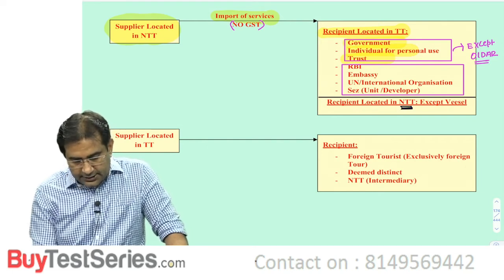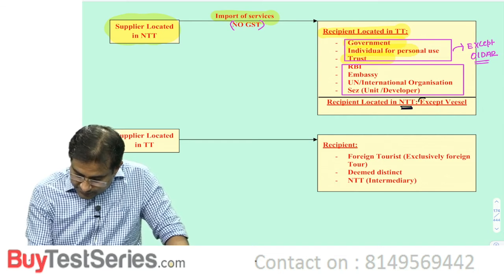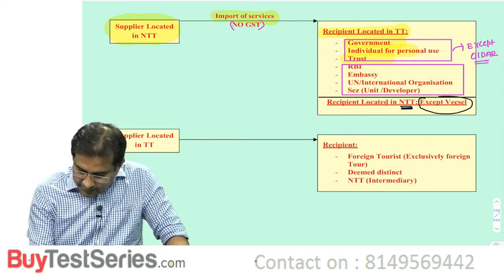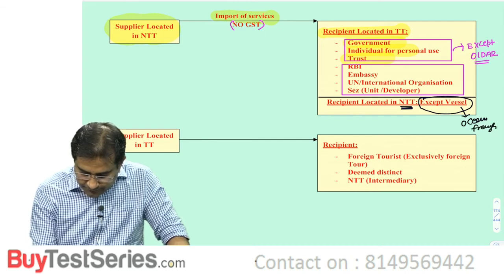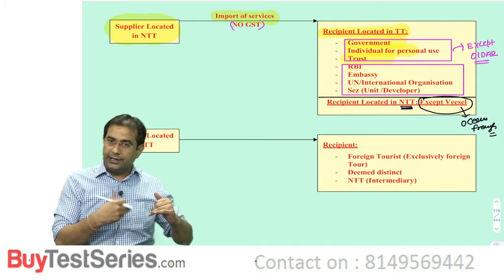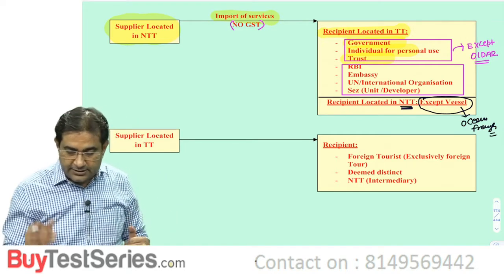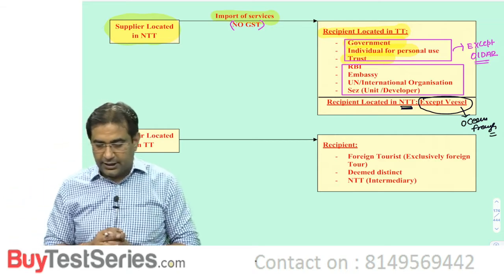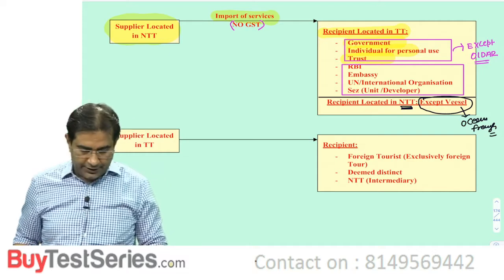In such a case there is an exemption, but this particular exemption is not applicable in respect of vessel. Vessel means ocean freight. So if both the parties are located in an entity, then it is exempted, but except ocean freight. Some of the specified persons importing services, then it is exempted, but except OIDAR.